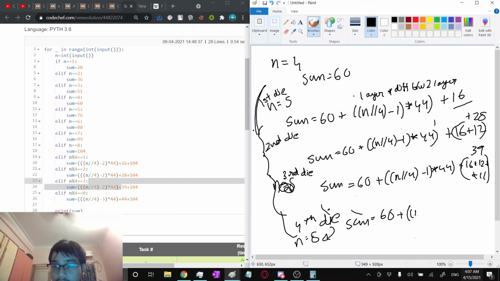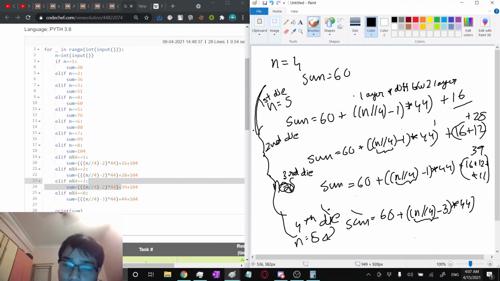Plus n by 4, and we are doing a minus 3. Since this will come as a whole number, in all the previous conditions we were doing floor calculation.